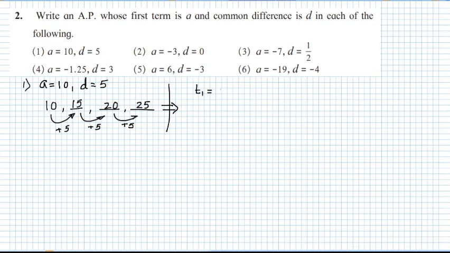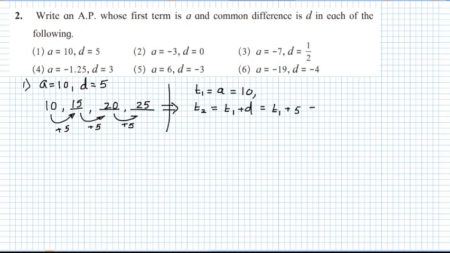T1 equal to A equal to 10. So now I want to find second term, that is T2. How do I find T2? T2 is simply T1, first term, plus D. D क्या है? 5. So T1 plus D, that is T1 plus 5.